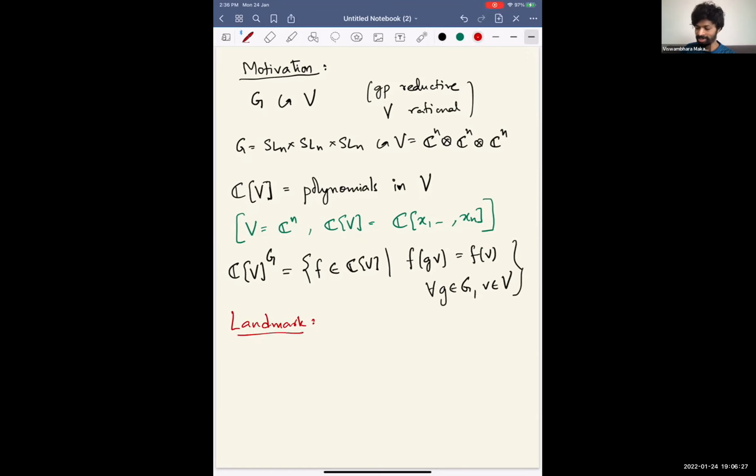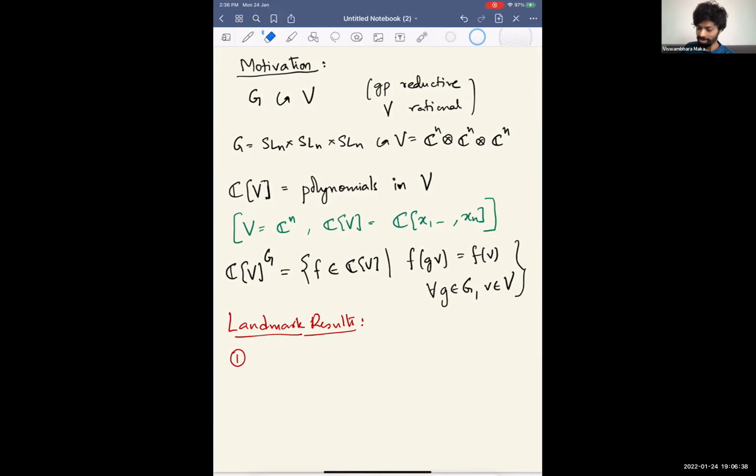These are century-old results. It might not strike you the first time you look at these things, but if you've been learning about rings for a while, this is a non-trivial result: invariant rings, by which I mean this object that I wrote like this, are finitely generated.